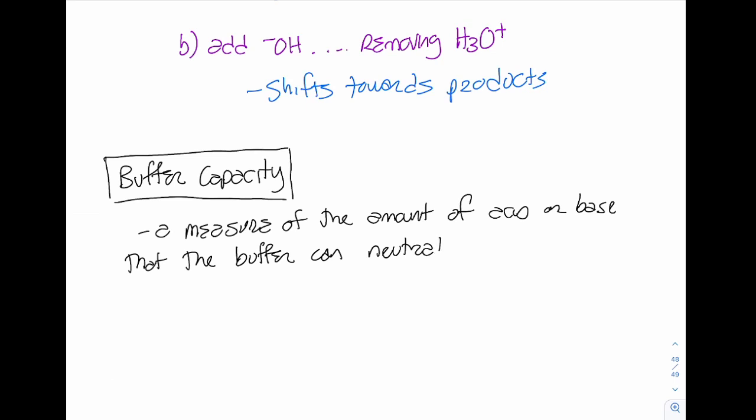We're not really absorbing it, we're neutralizing it, though absorb is commonly used. So a measure of the amount of acid or base that the buffer can neutralize without a significant pH change.